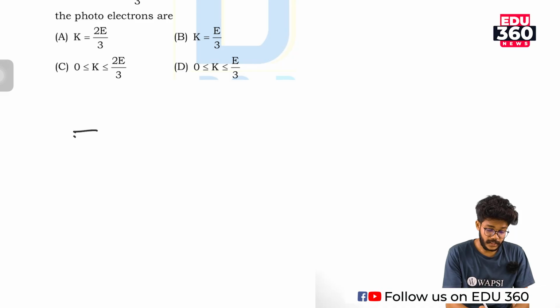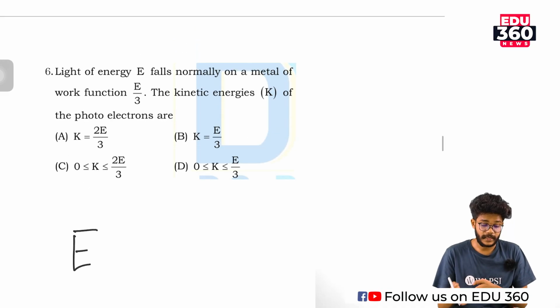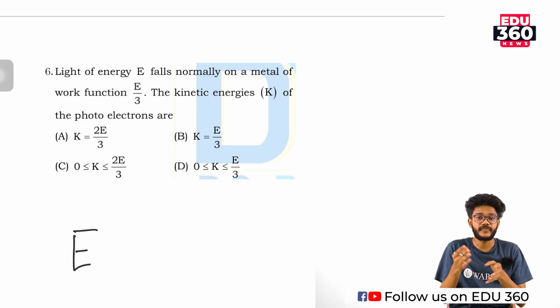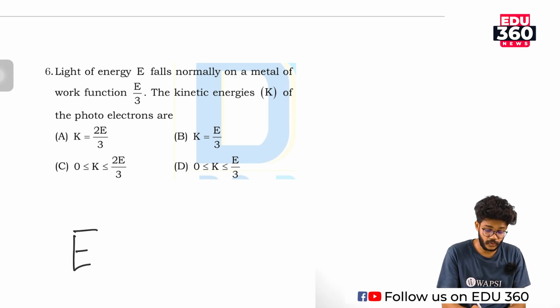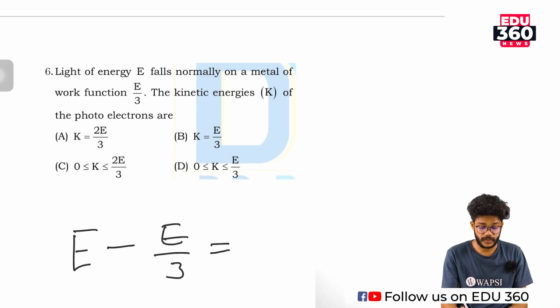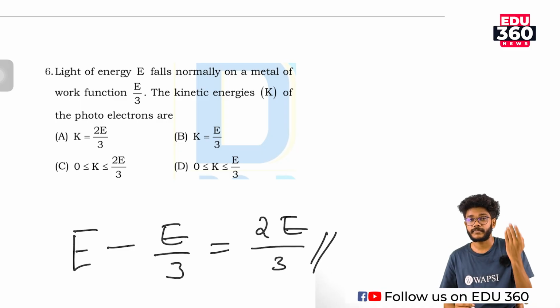The light of energy E is falling on the metal and the work function is E by 3. That means an energy of E by 3 is used by the metal to eject the electron. So E minus E by 3, which is equal to 2E by 3, is the energy of the photoelectron.